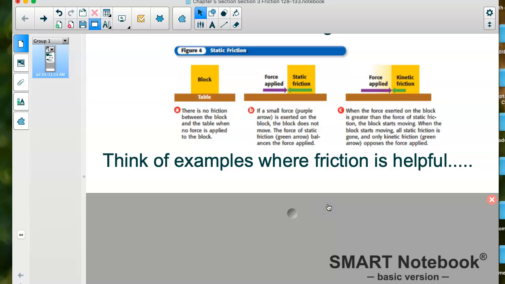So think of examples where friction is helpful, and you might want to think about that in terms of the winters in Wisconsin or in a sport that you play, okay? So obviously many examples. So think about hockey, for example. Why does the Zamboni come out in between periods? Think about if you ice skate just in general. Why do they clean the ice up?